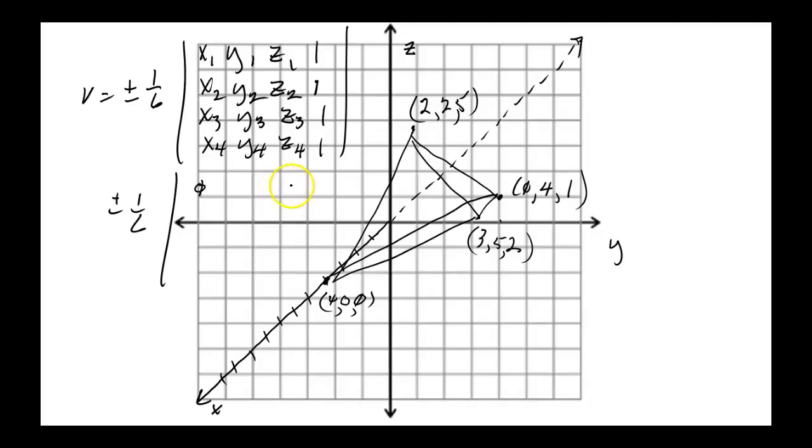0, 4, 1, 1. 4, 0, 0, 1. 3, 5, 2, 1. And 2, 2, 5, 1.